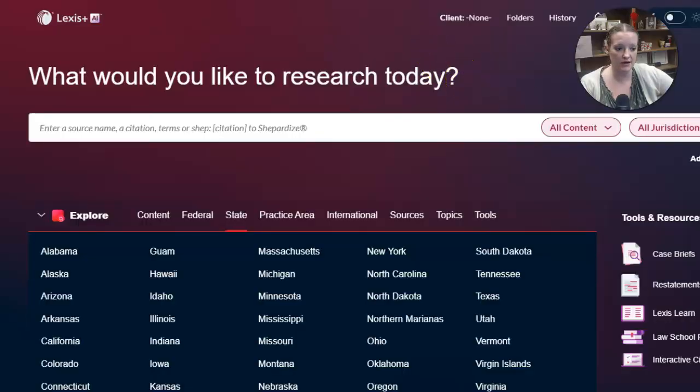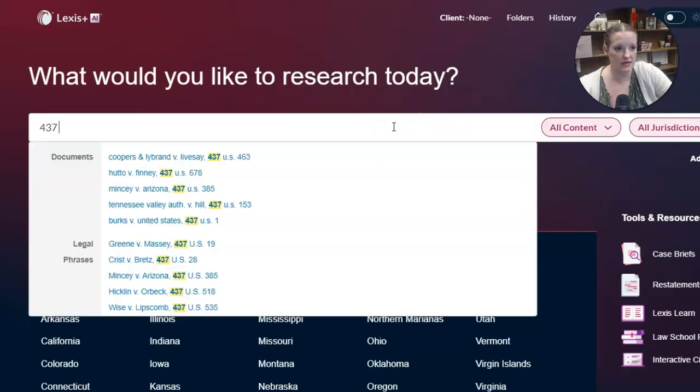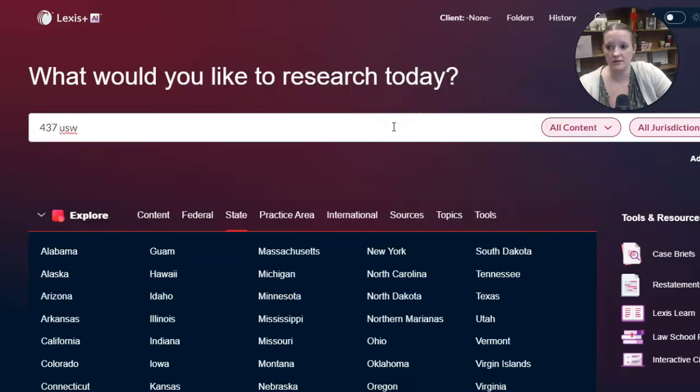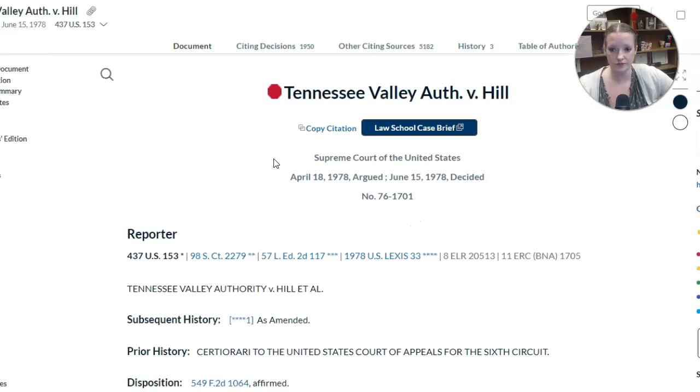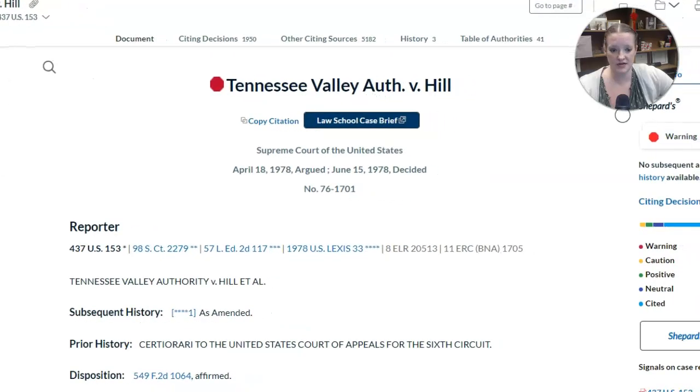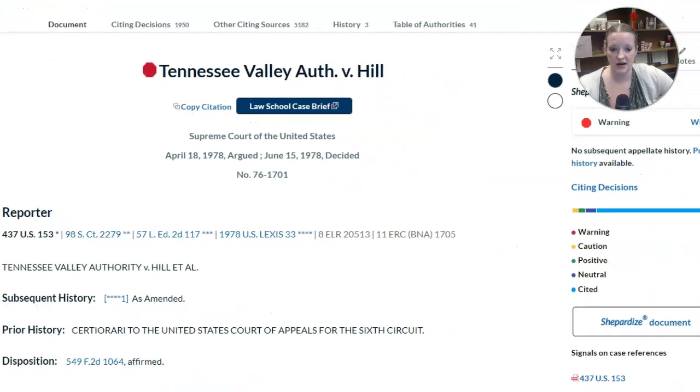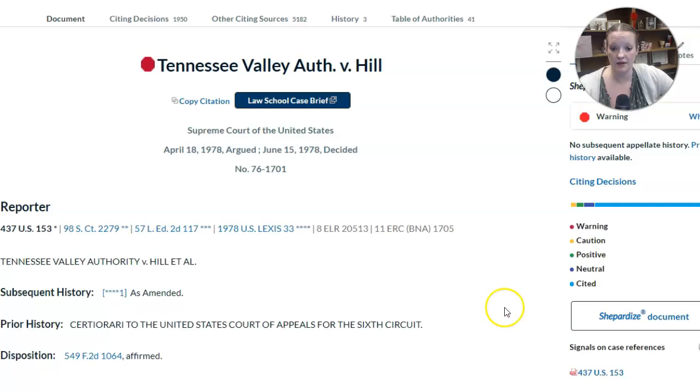Okay, so here we are on Lexis, right? I'm going to use the same case, so we're just going to enter our citation here. Okay, so this is what we looked at on our screen previously. We talked about how there are multiple ways of getting to what is called a Shepard's report.